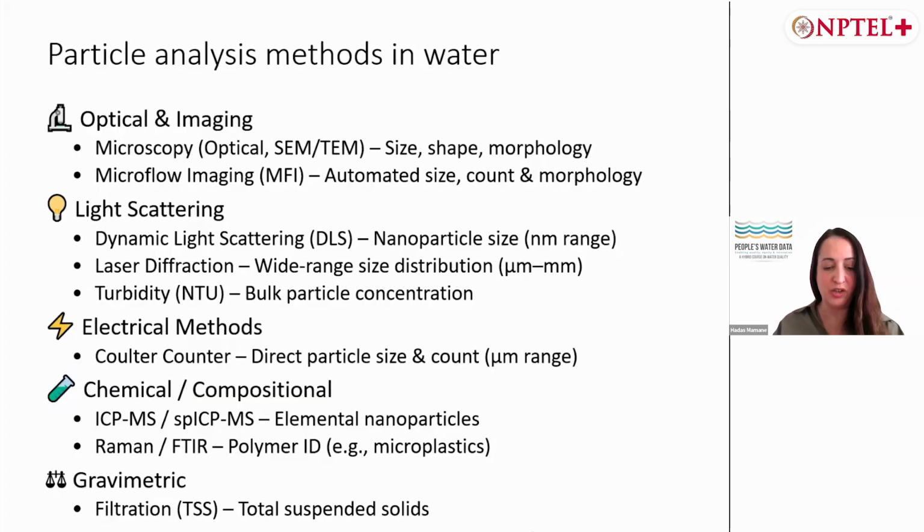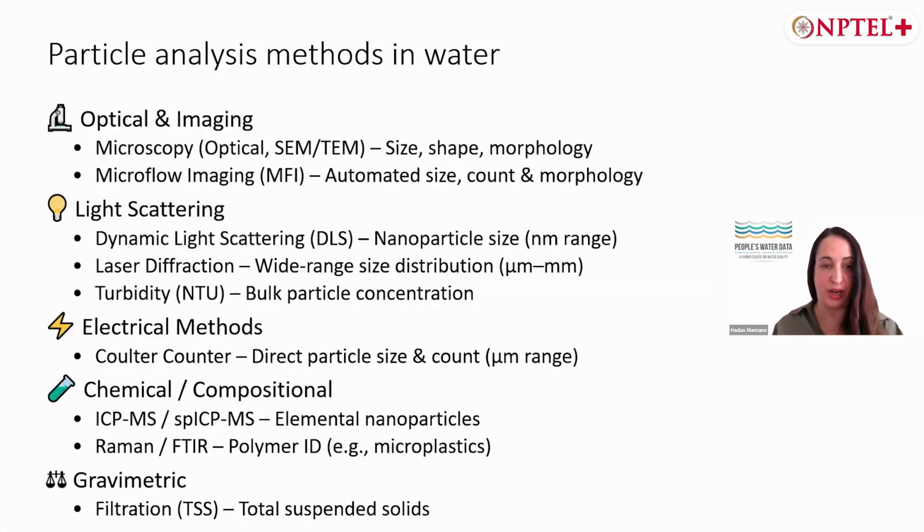In addition to that, we can use light scattering techniques. So rather than viewing the particles directly, we can indirectly obtain a characterization of the particles by interference with an incident light beam. For example, we can use dynamic light scattering, which provides us nanoparticle size range, or laser diffraction, which allows us a wider range of size distribution from the micron to the millimeter range.